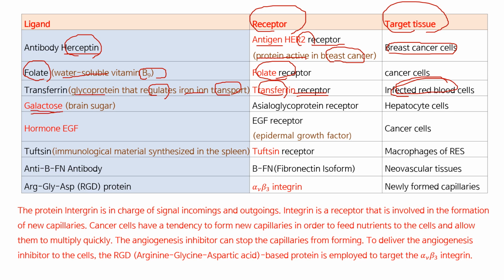Galactose, which is called brain sugar, is targeting the asialoglycoprotein receptor. Thus, there is the liver cancer.